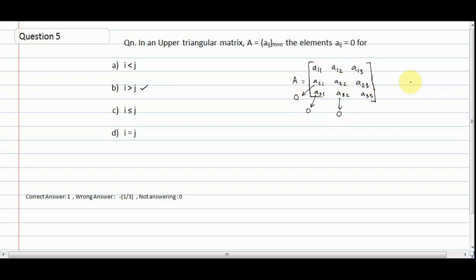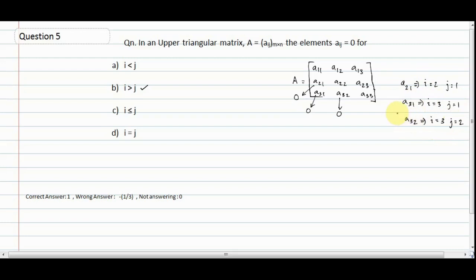Okay, so here A21 is the element which is present in second row and first column. Similarly, A31 is the element present in row number 3 and column number 1, and A32 is an element present in third row and second column.